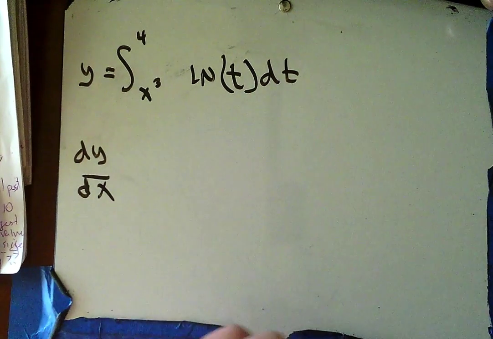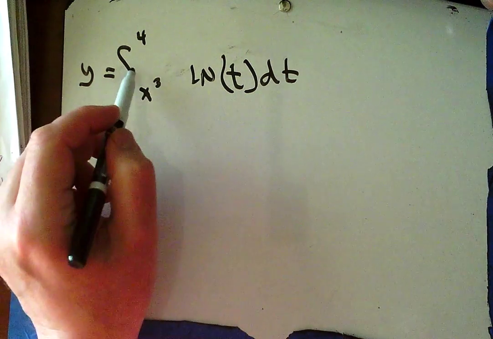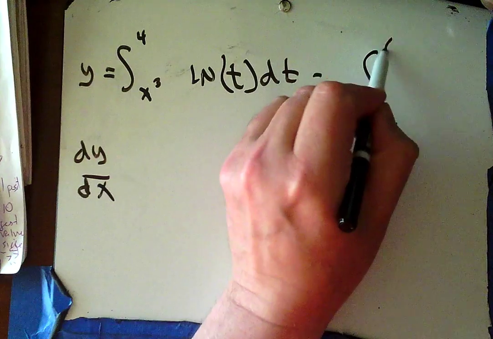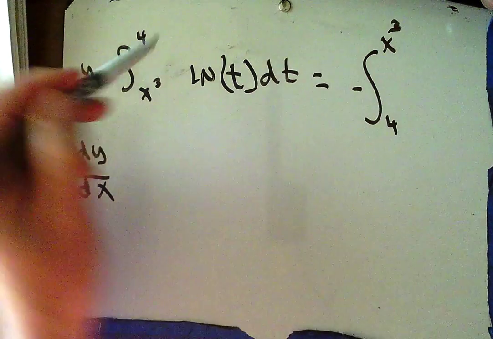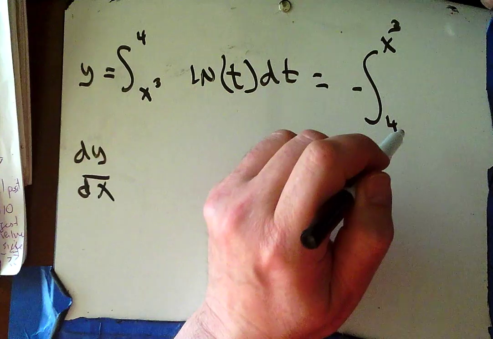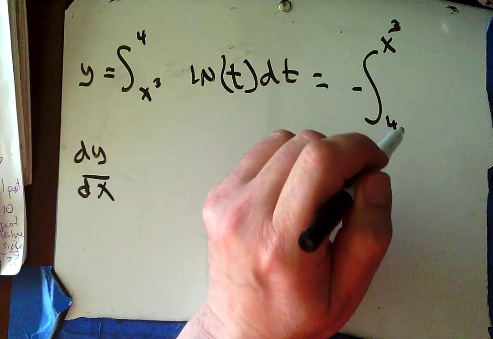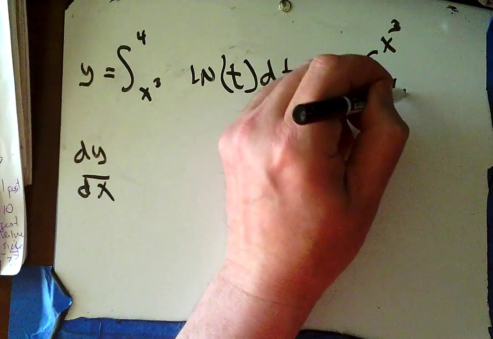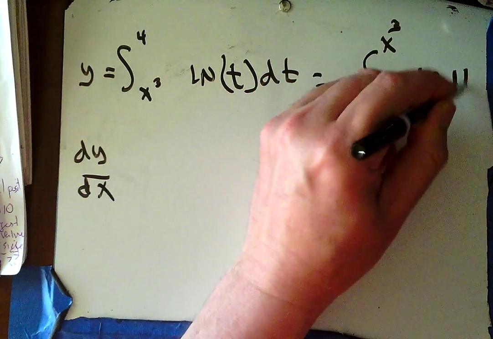Welcome back. So I hope you thought about flipping these boundaries and pulling out that negative, because we really want this number down here always to be a constant. All right, now we've got ln of t dt.